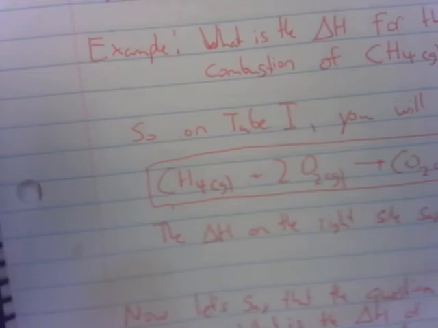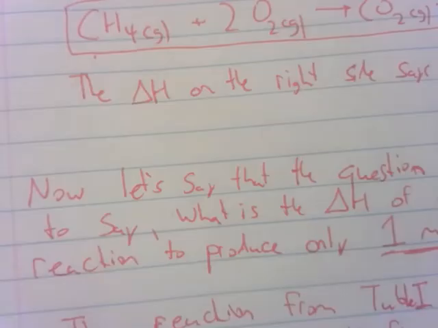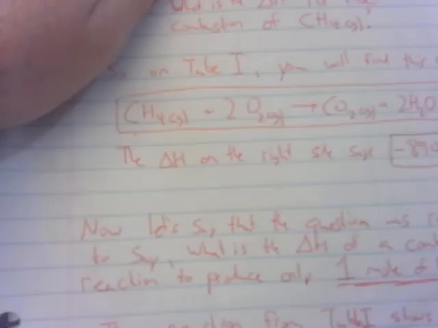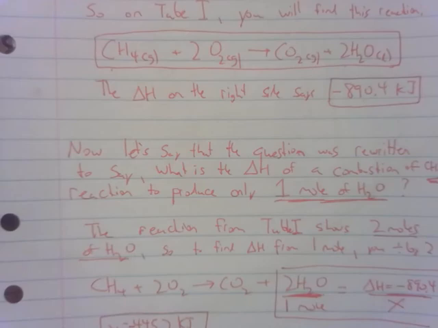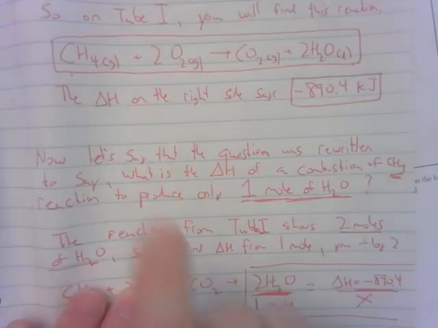Let's rewrite this question. Hold on, let me adjust this so you can see the whole question. Okay, so now let's say the question was rewritten to say, what is the delta H of a combustion of CH4?